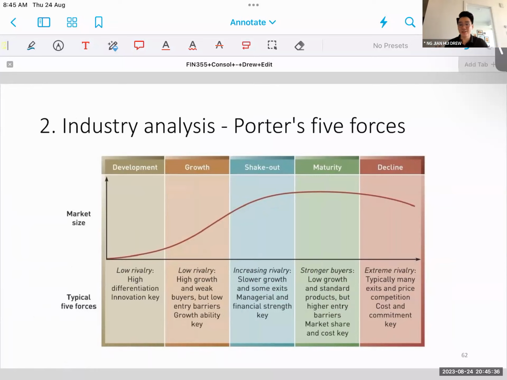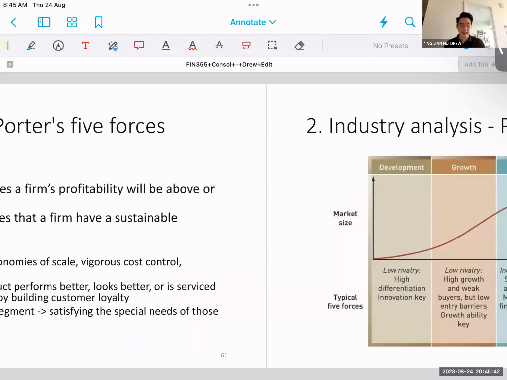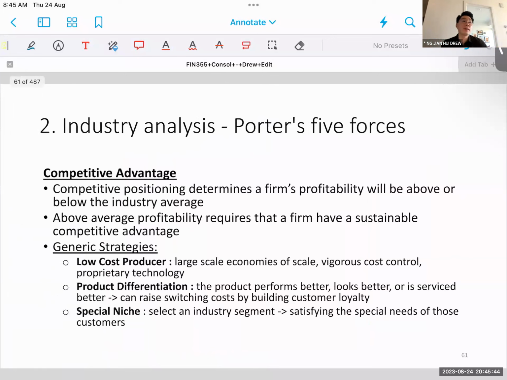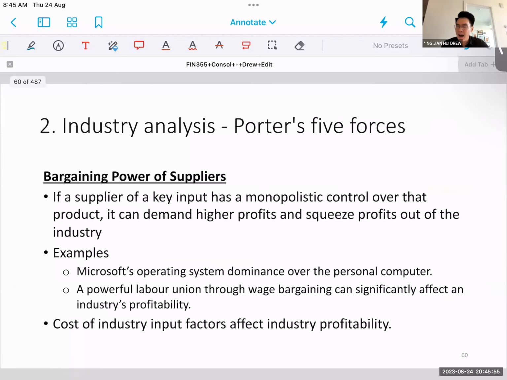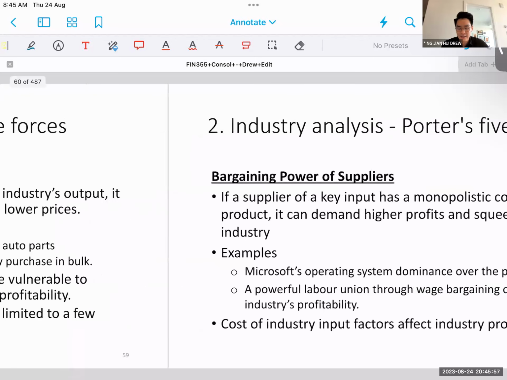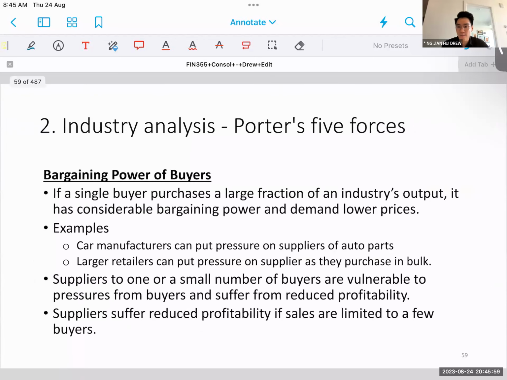The idea is that you need to have this in mind so that you can bring it in as you write your evaluation report. For example, maybe we talk about Singtel, a telecommunication company. Let's think about whether there is strong bargaining power of suppliers, or strong bargaining power of buyers.